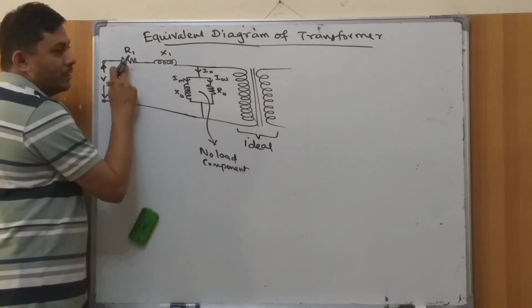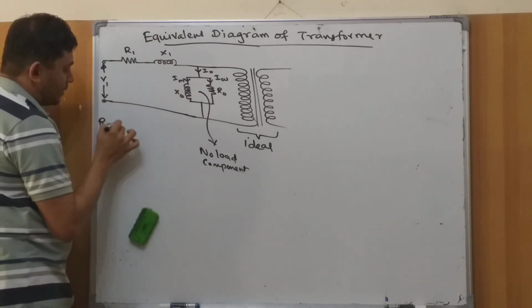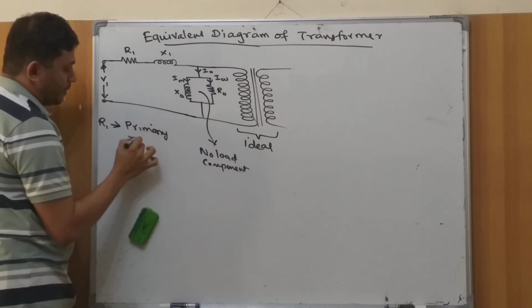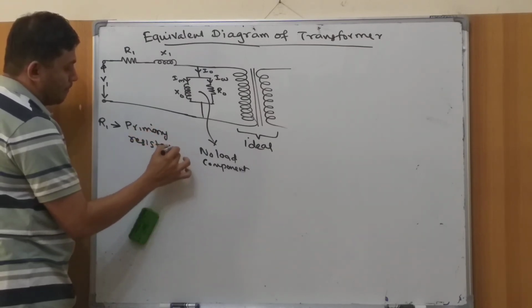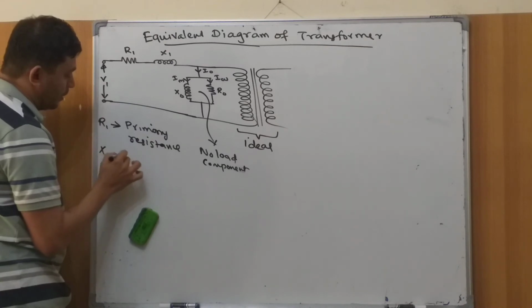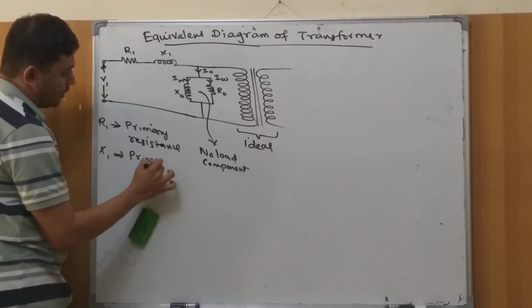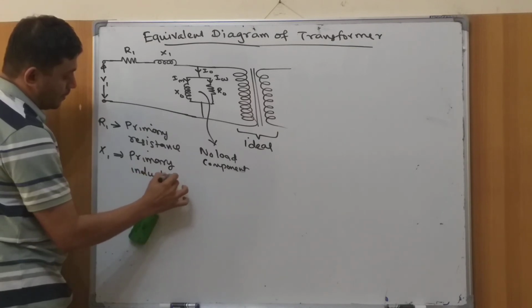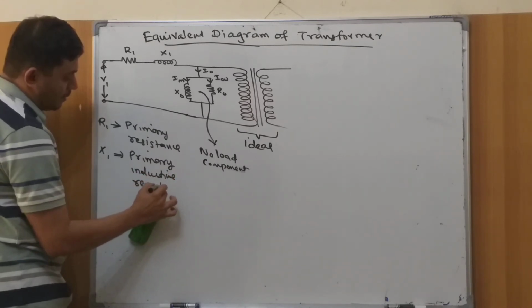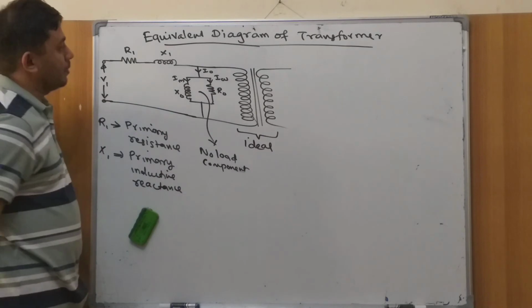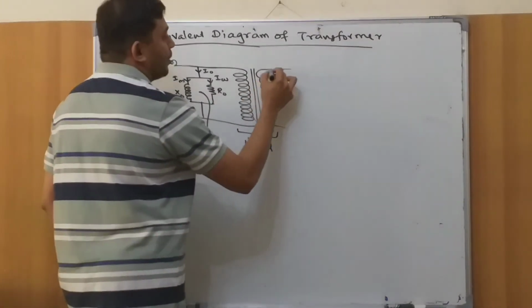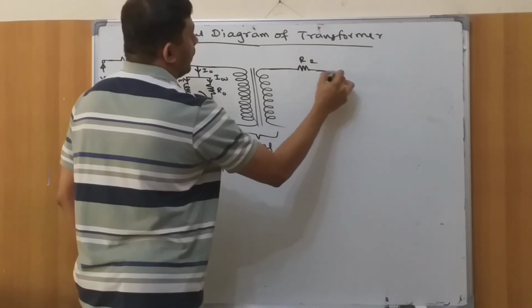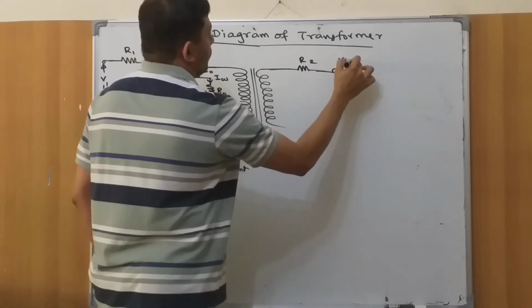R1 is called the primary resistance, and X1 is called primary inductive reactance. In the same manner, if you look at the secondary, we have R2 and we have X2.